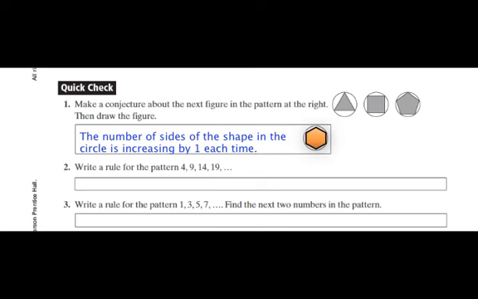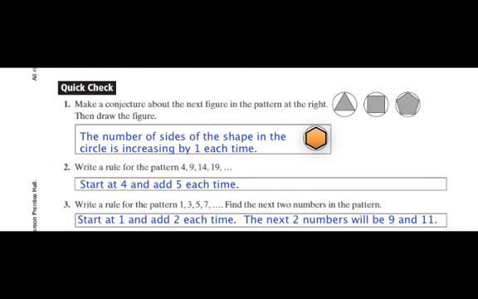The rule for the pattern of 4, 9, 14, and 19 is start at 4 and add 5 each time. The rule for the pattern 1, 3, 5, 7 is start at 1 and add 2 each time. The next two numbers will be 9 and 11. Pause the video at this time if you need more time to finish this example.